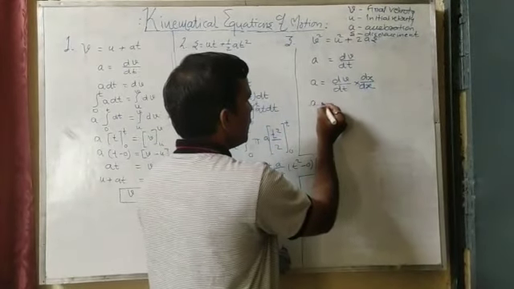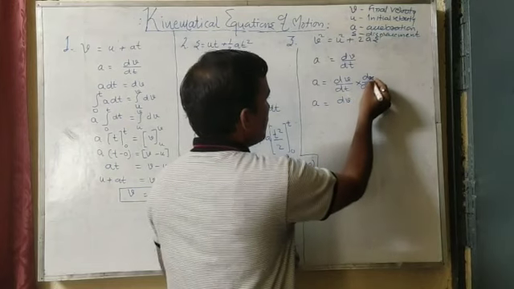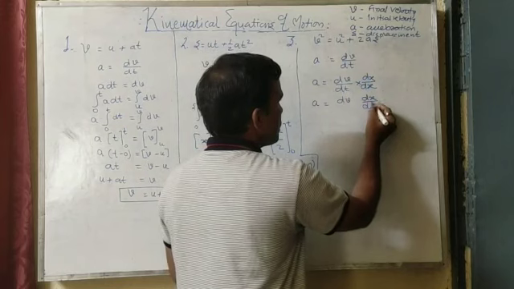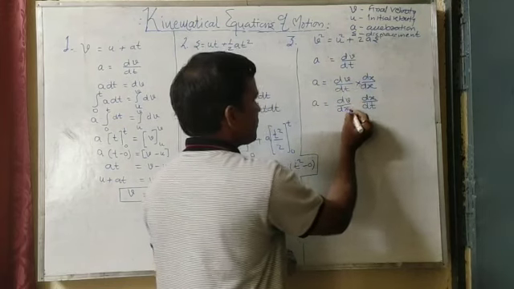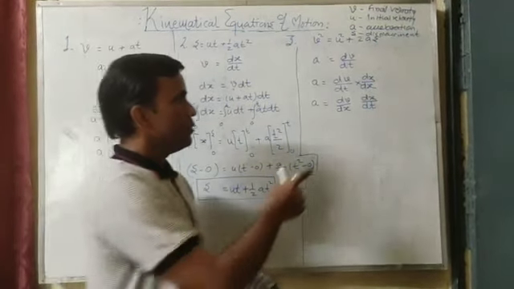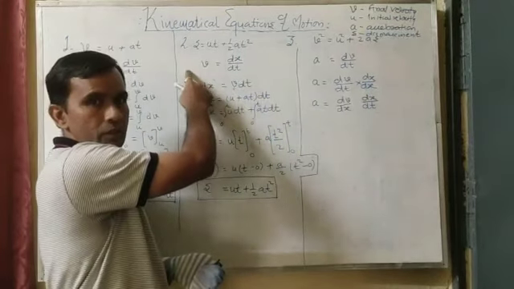Now here, we write dx by dt as one term, and here is dv by dx. The reason is that we know that dx by dt is nothing but the velocity v.